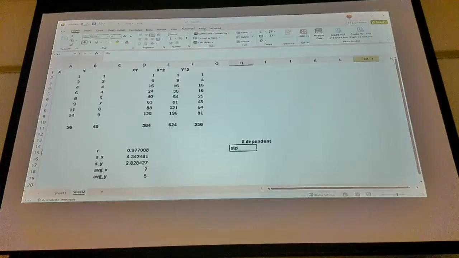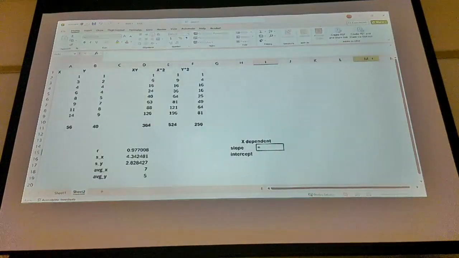We need the slope and we need the intercept, right? B0 and B1. What was the formula for slope? B1. You want to add S Y. Be careful. SY over SX, that was where X was independent. We're doing X is dependent.